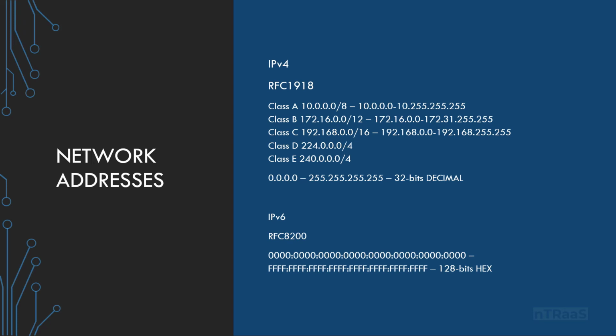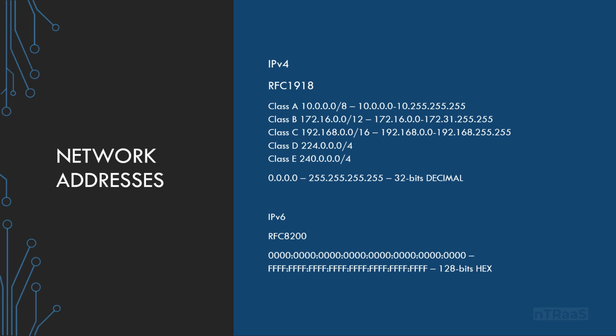The 10 network, the 172.16 network, the 192.168 network, the 224 network, and the 240 networks. You'll notice, of course, we have a /8, a /12, and a /16, which determines the internal address space.